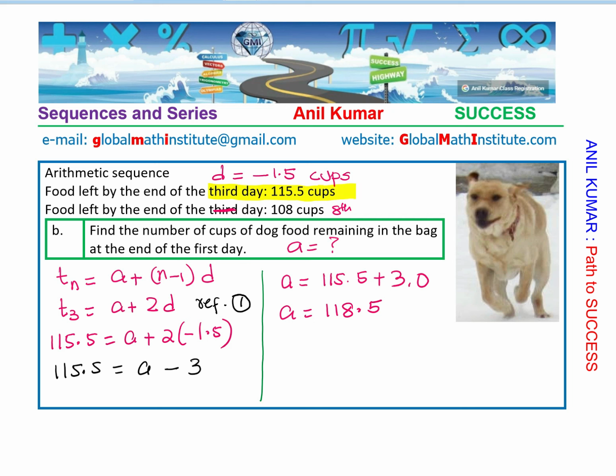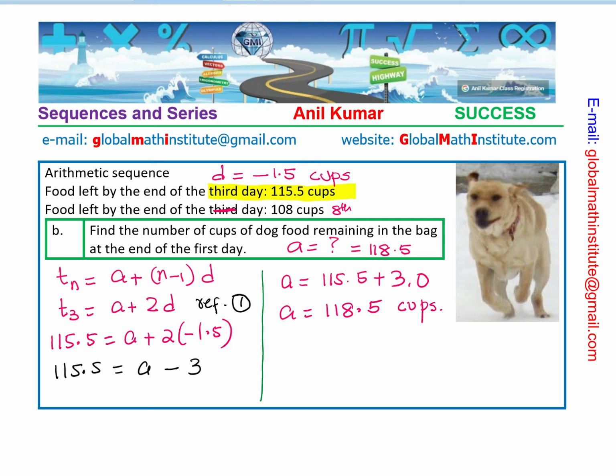So now we know that the value of A is 118.5. So at the end of the day, first day, 118.5 cups remain. That becomes a unit. Is that clear to you? Perfect.